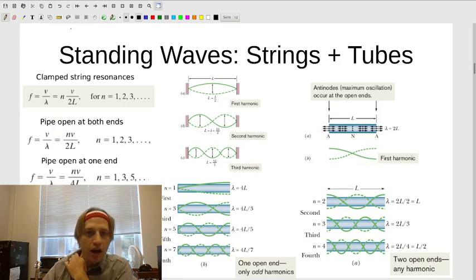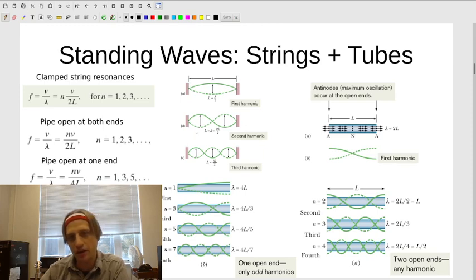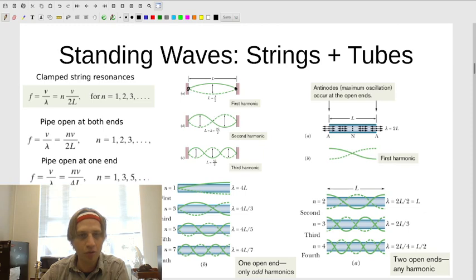Okay, now this idea that if you fit the wave to match the size of the container holding the wave, you can get lots of nice resonances when you have two clamped ends. So there's your first harmonic, and to go up to higher harmonics, essentially you're adding more nodes.